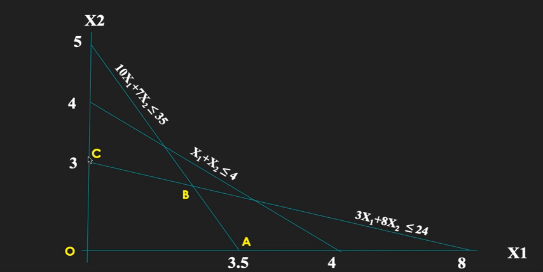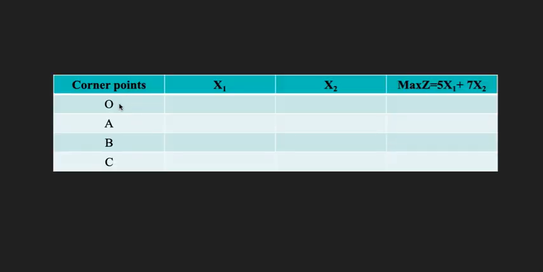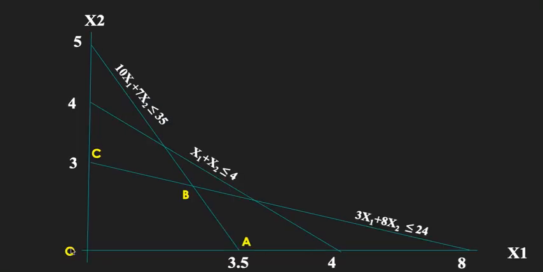Now if we talk about the calculation of these corner points, at point O the x1 value is 0 and the x2 value is also 0. So we are going to write down the same values there.